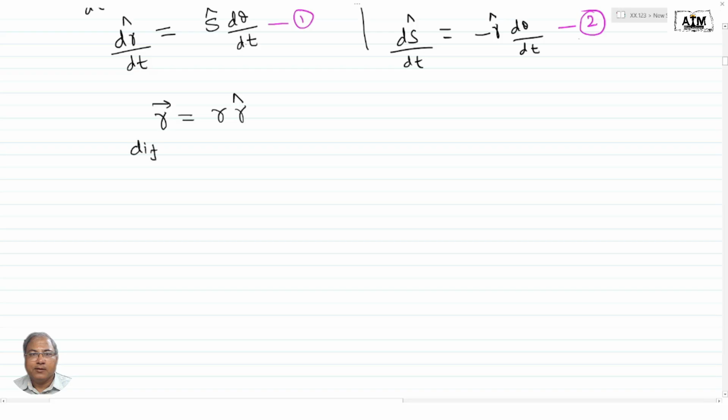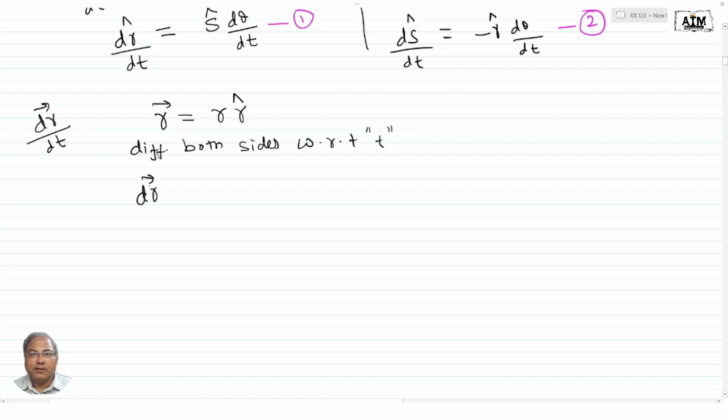Now differentiating both sides with respect to t. Why are we doing differentiation? Because dr by dt, that is the rate of change of displacement, will give velocity. So to get the velocity, we are differentiating both sides with respect to t.